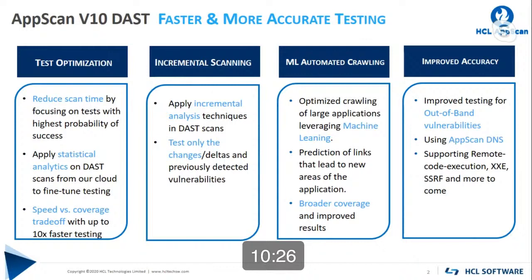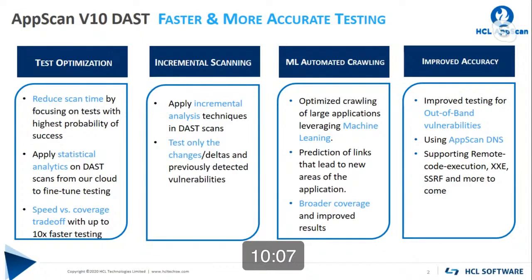We compare the explore phase of the application, and we identify the changes in the application, and we test only those. We can also retest previously found issues. By doing that, the scan is very focused only on the changes and is very quick.